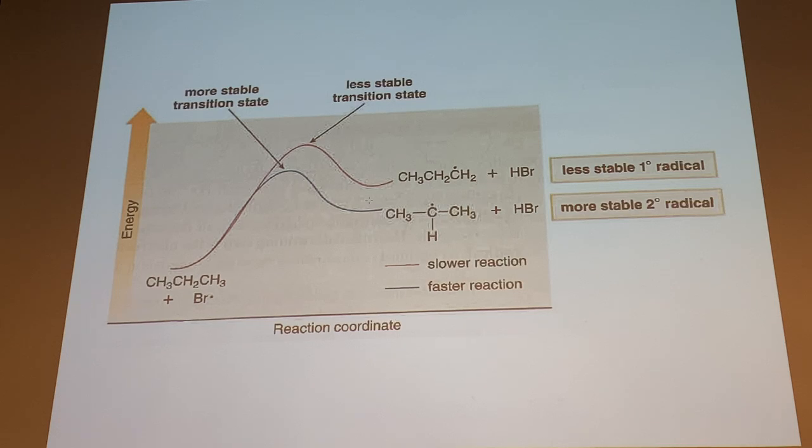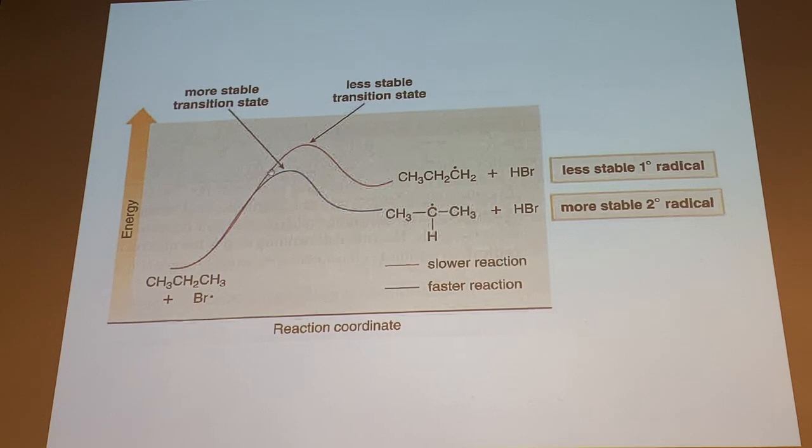Now, by Hammond's postulate, we've invoked that a couple times, the nature of the transition state resembles what it's closest to in energy on the diagram. So what's it closest to? Well, the intermediates here, because it's endothermic. So this transition state leading to the primary is going to be less stable and higher in energy relative to this transition state leading to the more stable secondary radical.